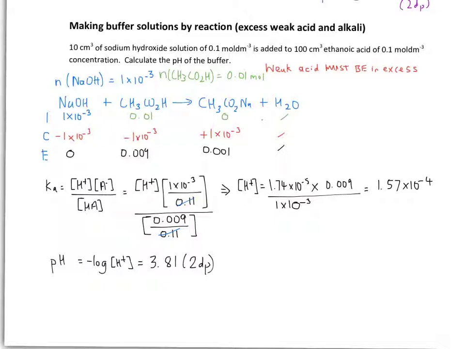We're showing that we're working out the concentration, but we do not need to calculate it. The next step, as we did above, is to rearrange the equation so that [H+] is the subject. So Ka times the acid divided by the salt concentration. We've seen that rearranged here. And then pH equals negative log of [H+], so 3.81 to 2 decimal places.